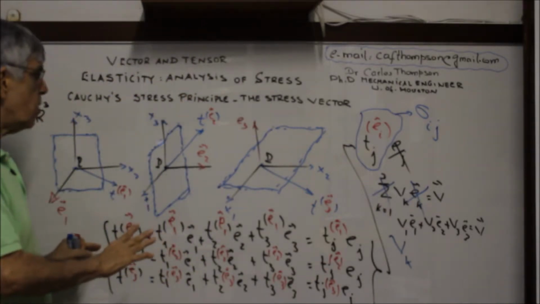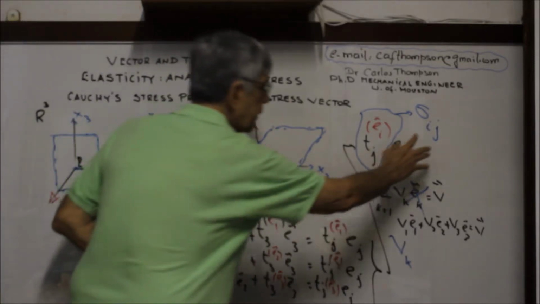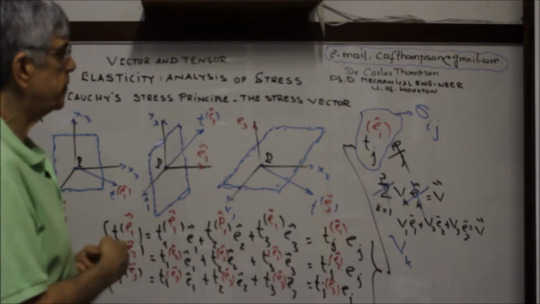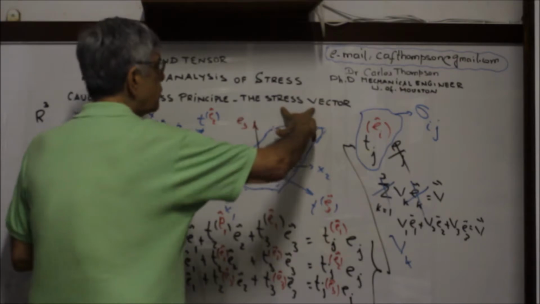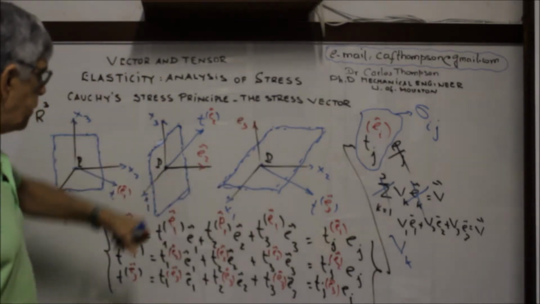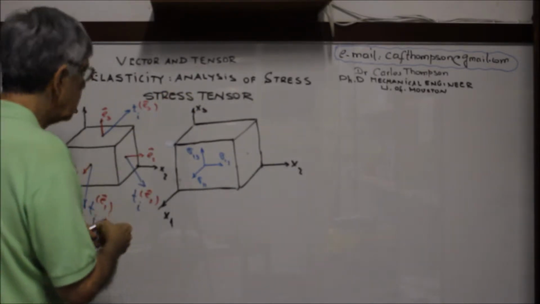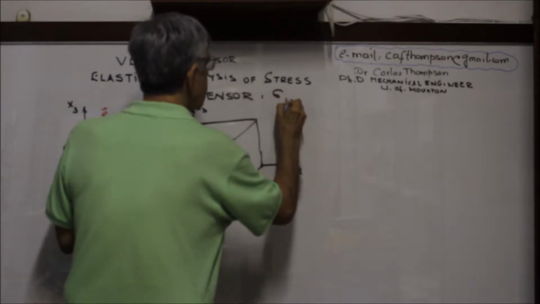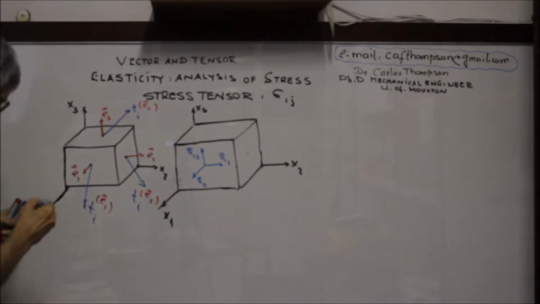Now it's clear how the stress matrix appeared. The stress matrix came from the stress vector, as we pointed out right here. Now, the stress tensor that we just saw, sigma ij. Here is a summary of what we did.